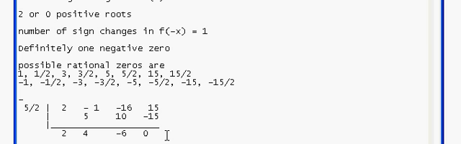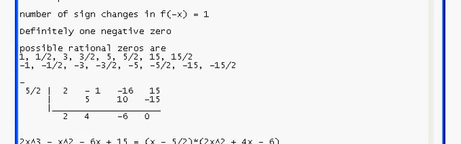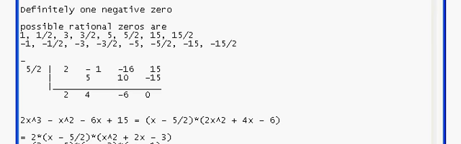So in terms of our remaining factor, we now know that since 5/2 was a zero, we can pull out a factor of x minus 5/2. Through our synthetic division, we see that our coefficients for our remaining polynomial are now going to be 2x squared plus 4x minus 6.